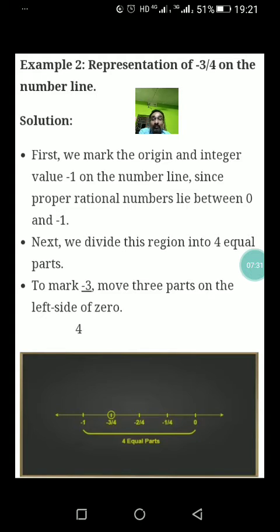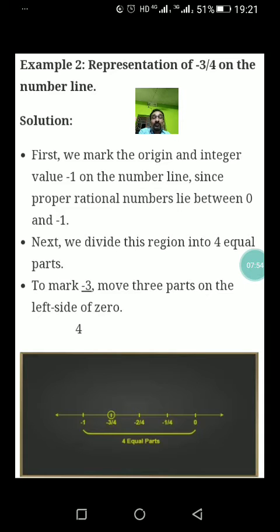Hence, first we mark the origin and integer value minus 1 on the number line. Since this is the negative of 3 by 4, it lies between 0 and minus 1.